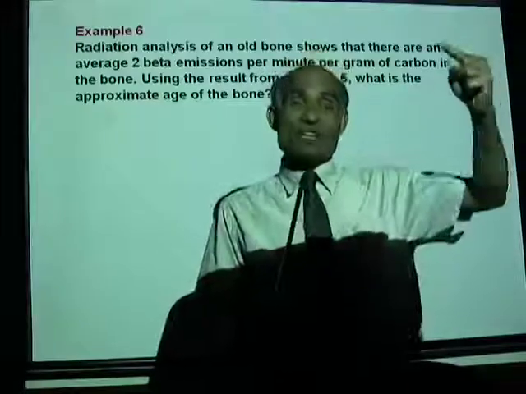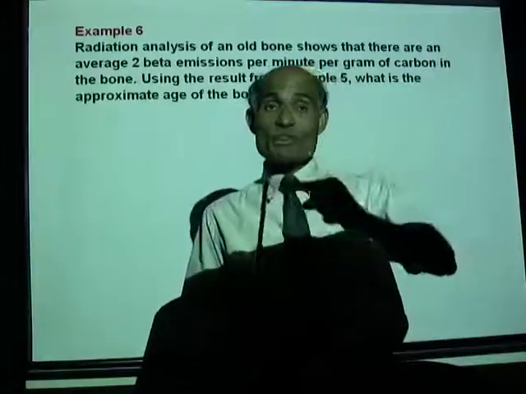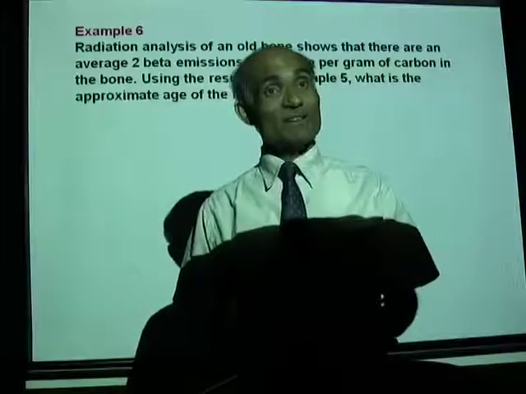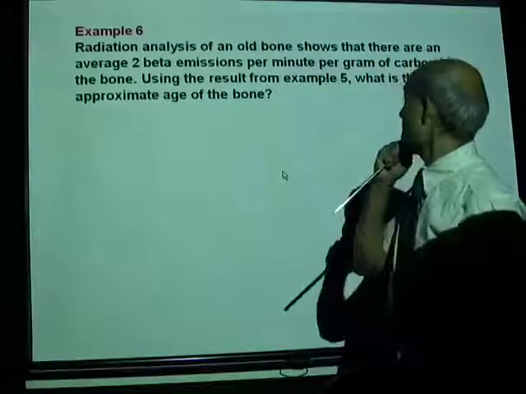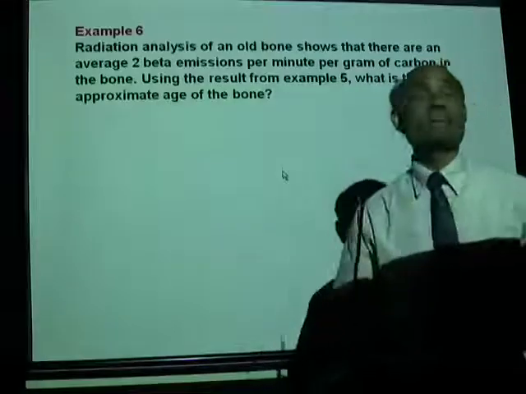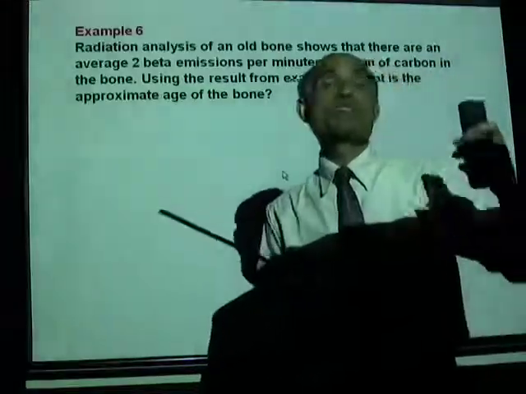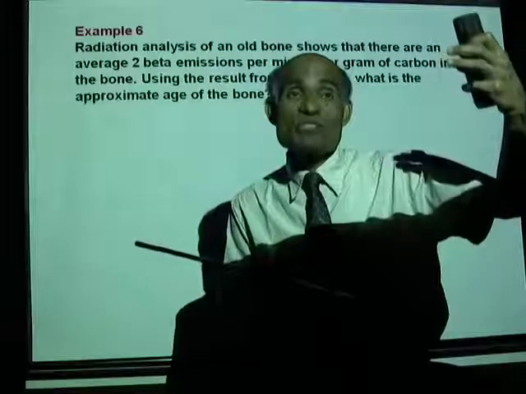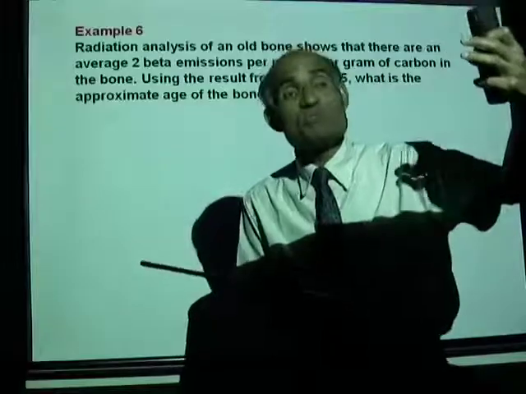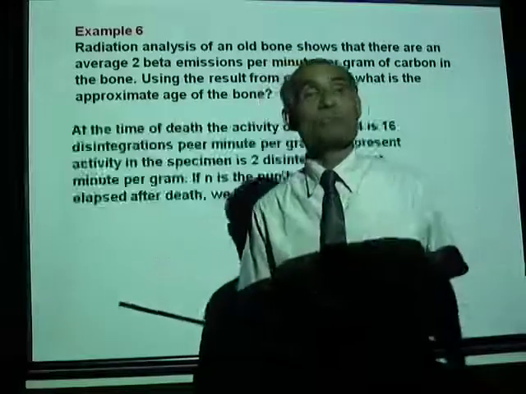Can we find the time taken for that reduction? Well, that is what the question is asking you, I think. Using the result from example 5, what is the approximate age of the bone? The age of the bone is the time taken for the rate of disintegration to reduce from 16 to 2.